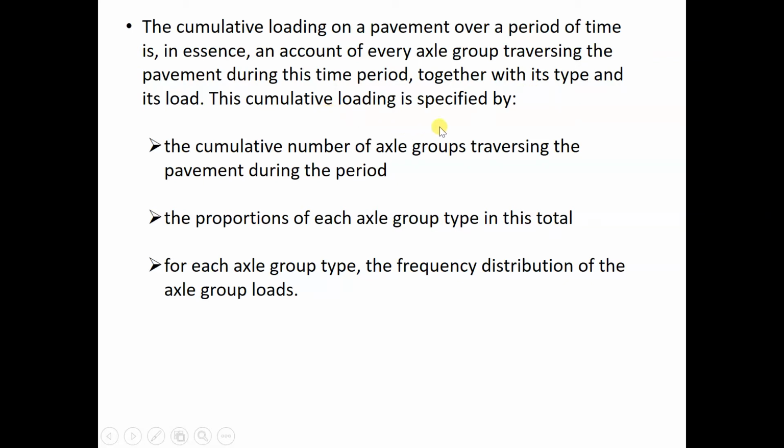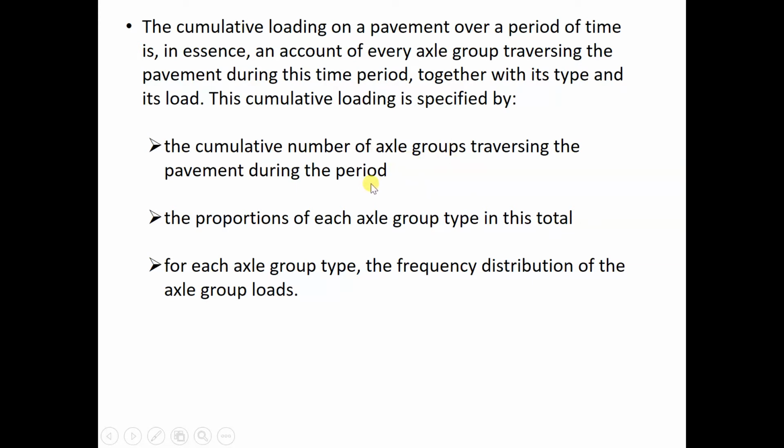So that means we talk about not just a single day, but I think 1 year during this time period. The cumulative loading is based on the cumulative number of axle groups traversing the pavement during the period.